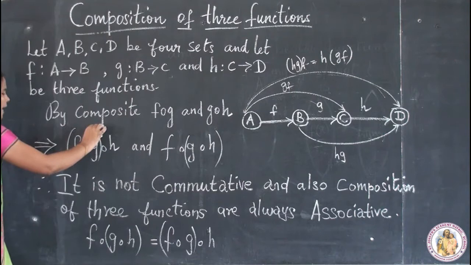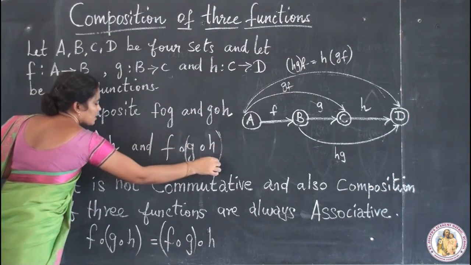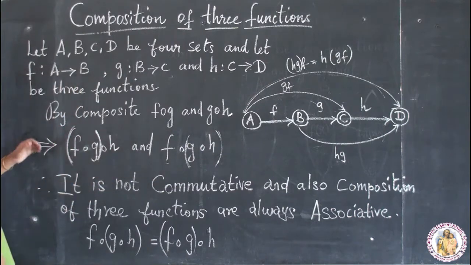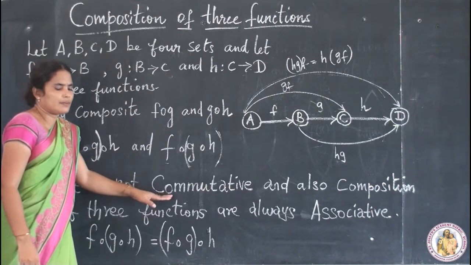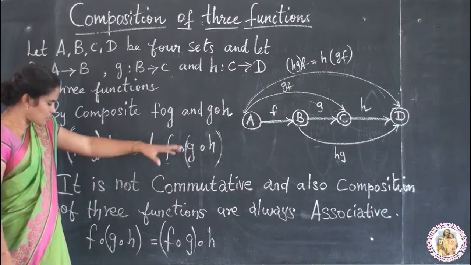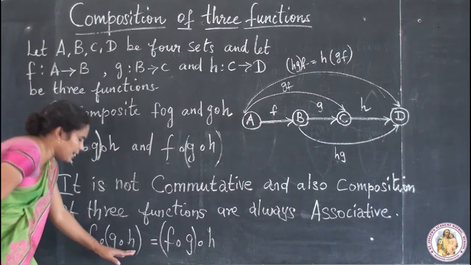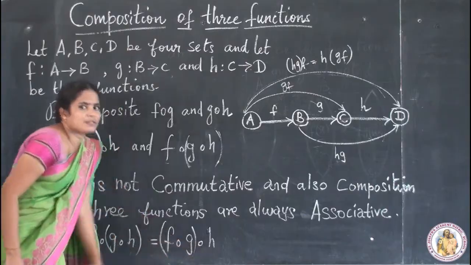Here you can see g and f together, and here h and g together. Composition of functions is not commutative, and composition of three functions is always associative: h of g of f is equal to h of g of f taken in either grouping.